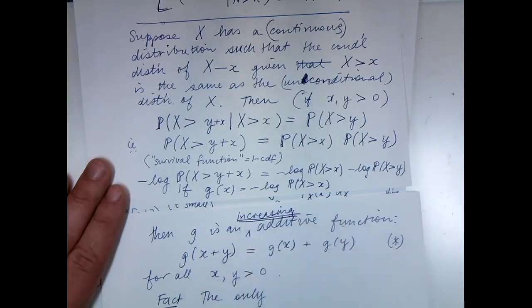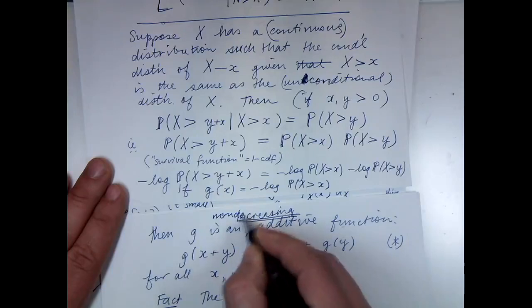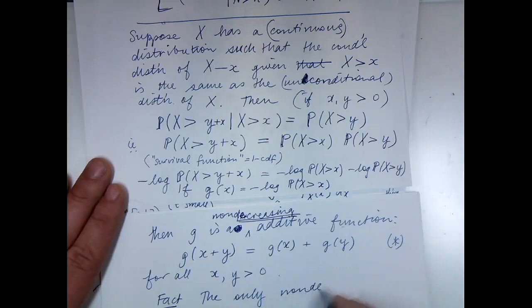Or at least non-decreasing. I'll even say that, non-decreasing. It turns out that it will be increasing. It is a non-decreasing additive function. The only non-decreasing additive functions are the ones that you mentioned. By the way, how would you do this?